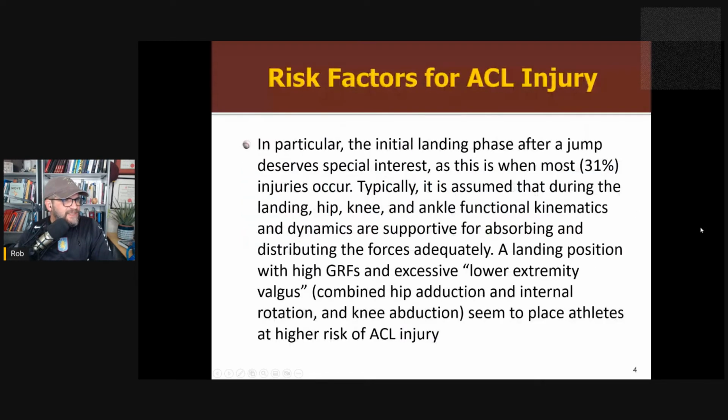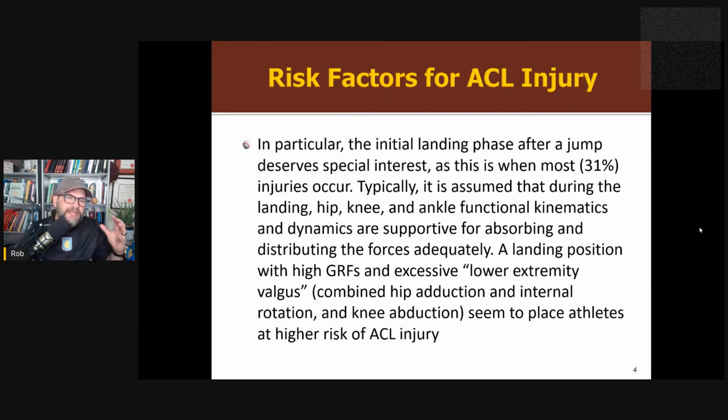Diving into this, the authors go through the risk factors. They mention that the landing phases of movements are particularly where a lot of injuries occur. We can identify particular kinematic and kinetic aspects of the movement that increase the risk.